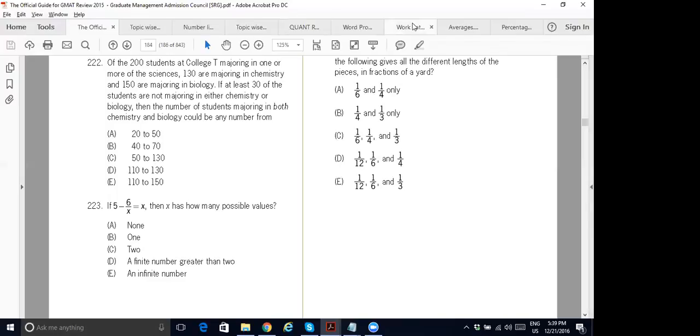That is, the variable should not be equal to 0. We do this and then we start solving it. How to solve? We have to multiply by x. So 5x minus 6 is equal to x square. Now, if we try x is equal to 0, then the equation will not be satisfied.